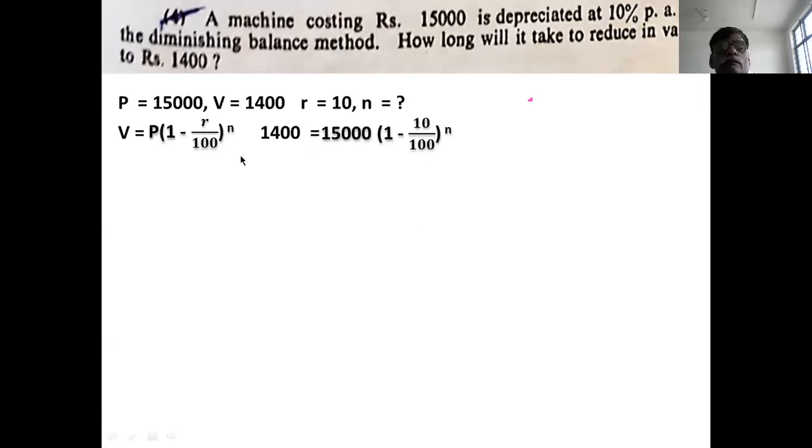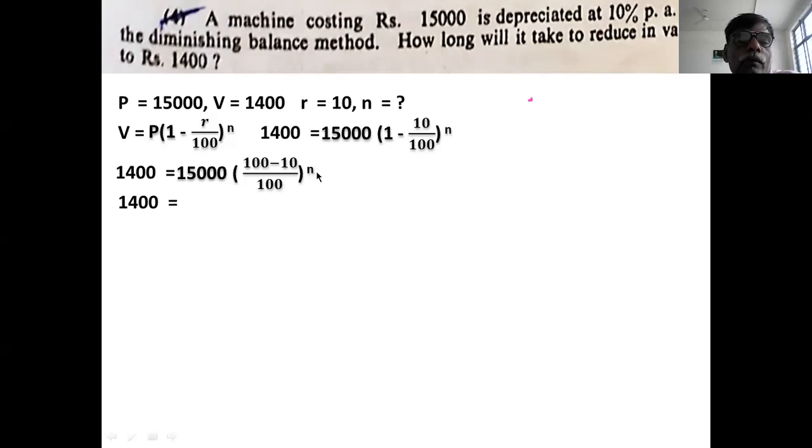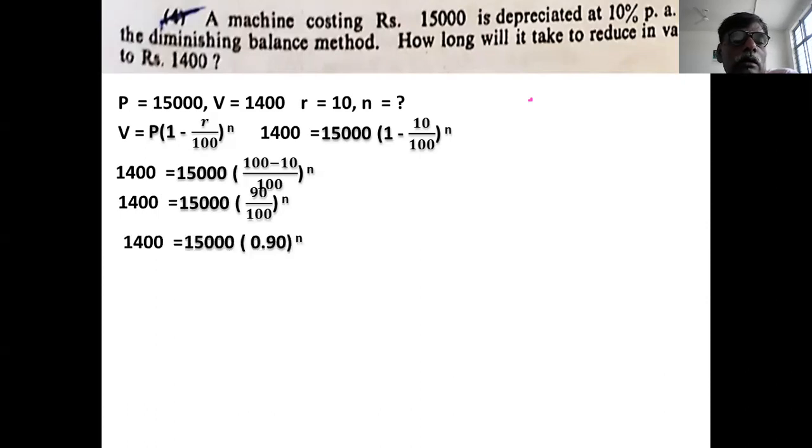In the next step, 1,400 is equal to 15,000 times 100 minus 10, LCM is 100, 100 minus 10 divided by 100 raised to n. Next step is 1,400 is equal to 15,000 into 90 by 100 raised to n. So 1,400 is equal to 15,000 into 0.90 raised to n. This is the last step.